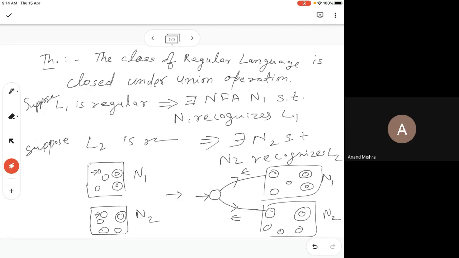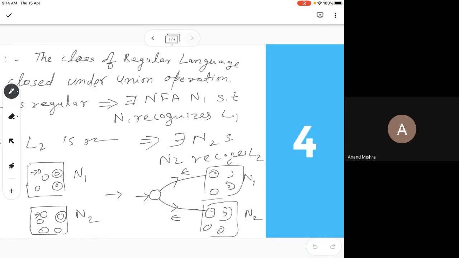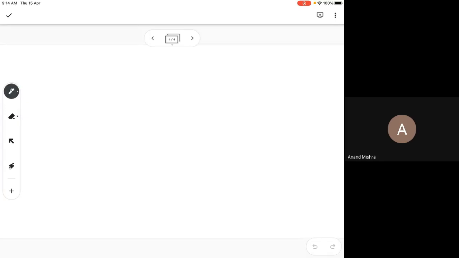Okay, let me ask one question, maybe to check whether you are understanding or not. So N is the bigger NFA. What will be the final states in N? Both of N1 and N2.